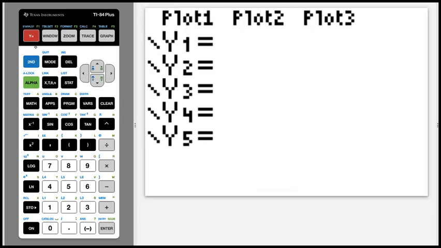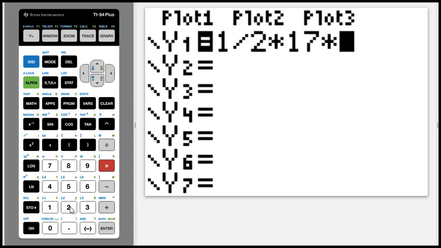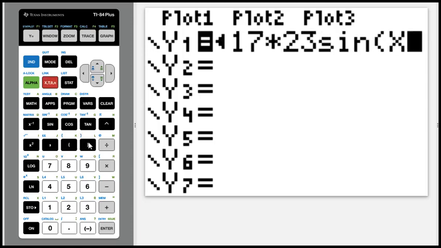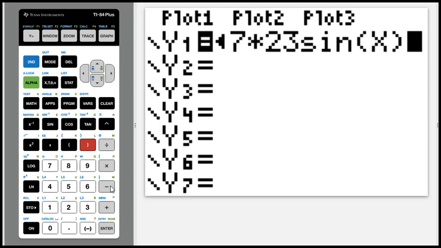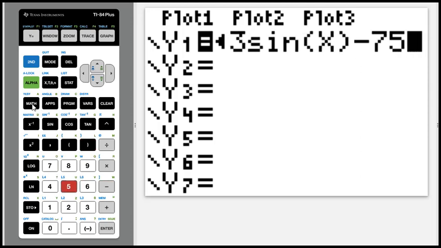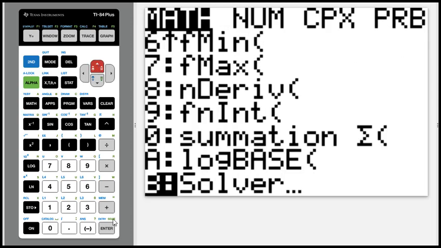Then you go to y equals. We will plug in here 1 divided by 2 times 17 times 23. Then sin x. All variables you need to change into x, then minus 75. Then we go to math, upper arrow, go to solver.